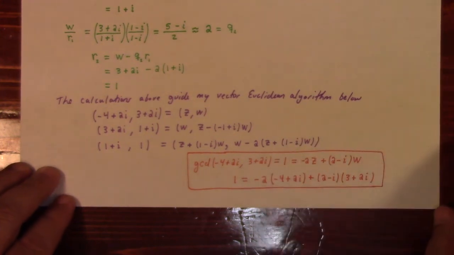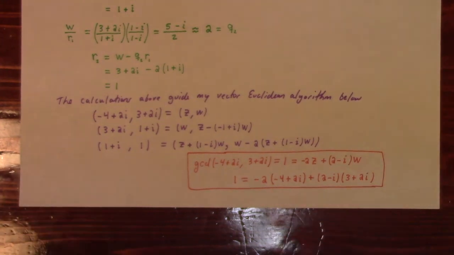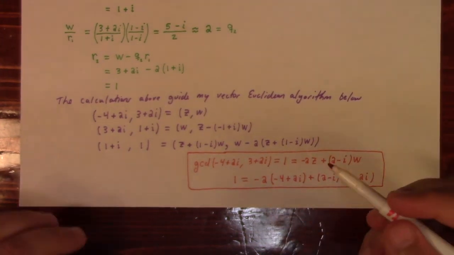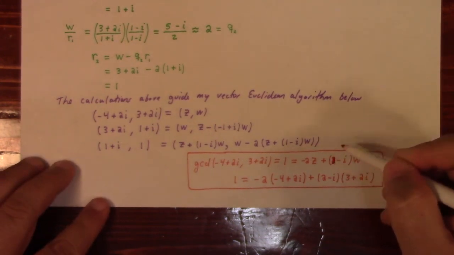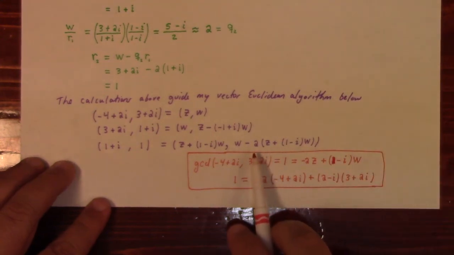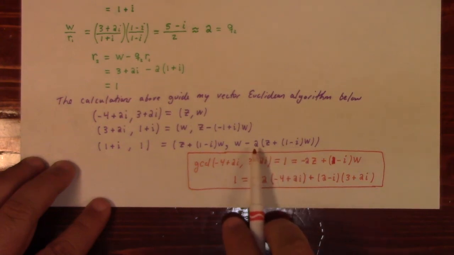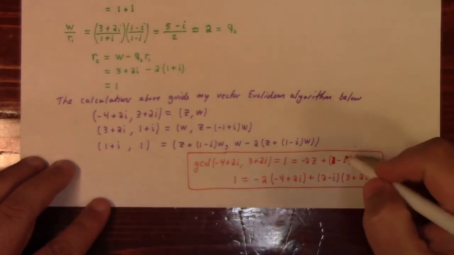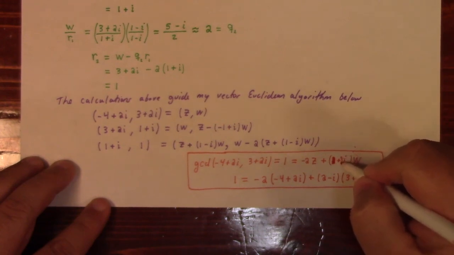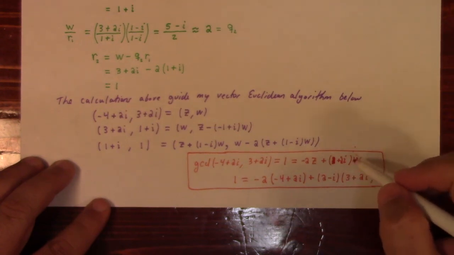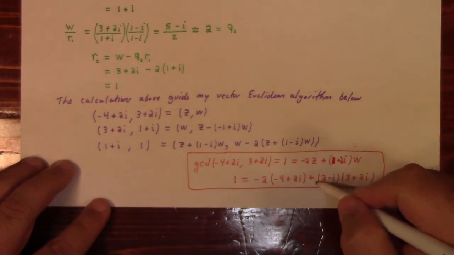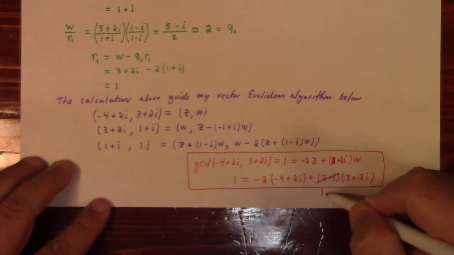I think that 2 there should just be a 1. And then I think I forgot to distribute the 2. And then minus 2 times minus I gives me what? Plus 2i, right? So 2 plus 2i. So this should be 1 plus 2i, unless I've made yet another mistake. Hopefully not.